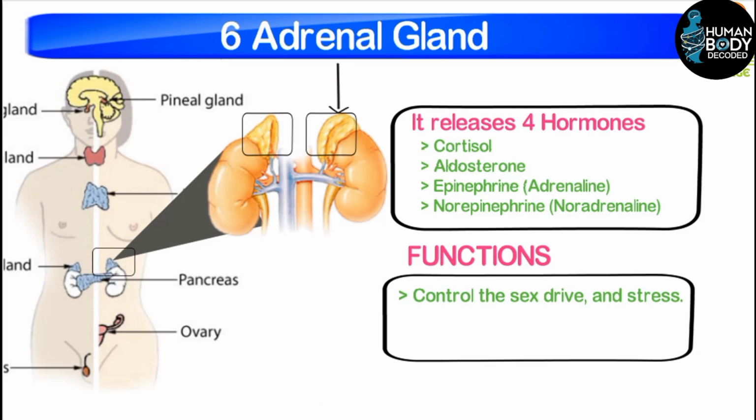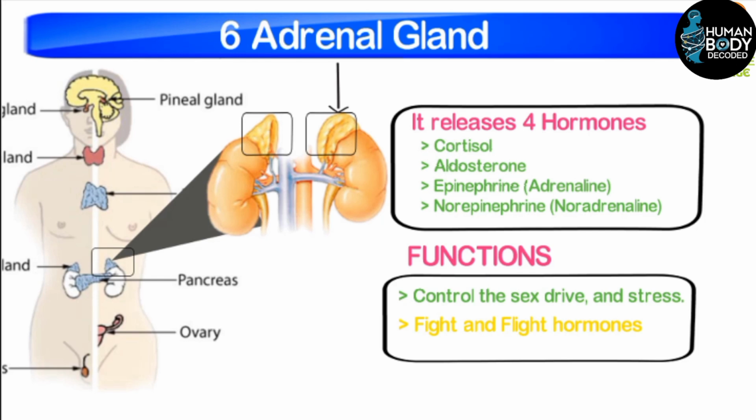Students, these two hormones, epinephrine and norepinephrine, are also called fight or flight hormones because these hormones are responsible for determining which situation to fight in and which situation to escape from. So it is the work of these two hormones.